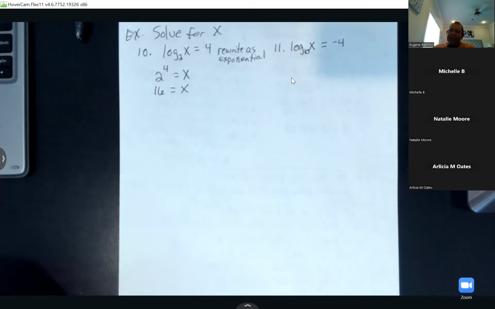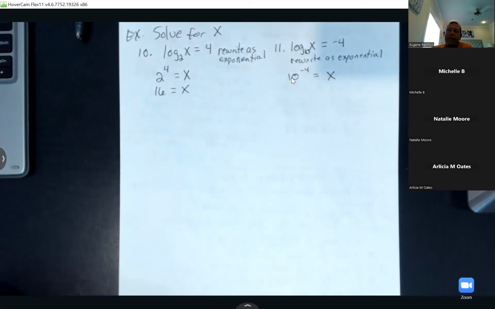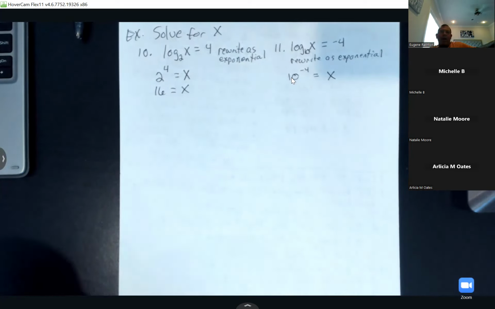So we got our 10. Exponent is a -4, and that's going to equal that x. So on this one, the trick is figuring out what that 10 to the -4 equals.